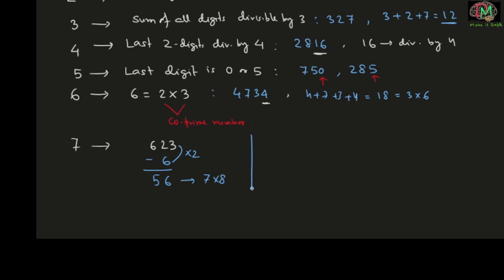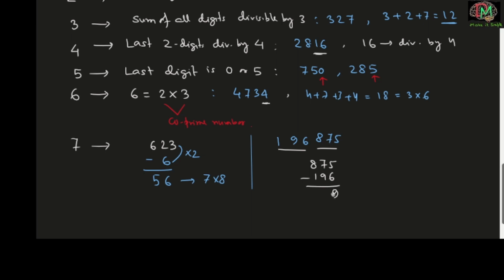And another method is, if the number is very large, for example 196875, we make groups of 3 from the right side and deduct. So 875 minus 196 will be 679.